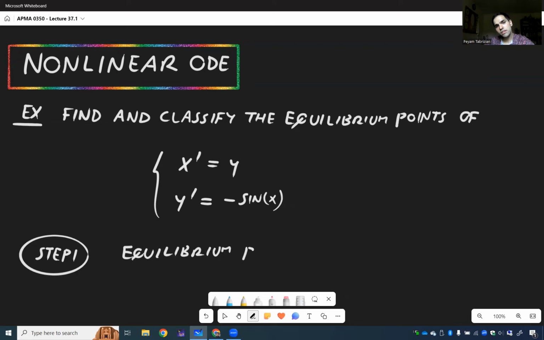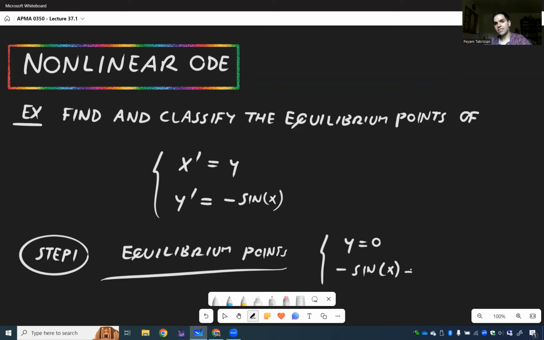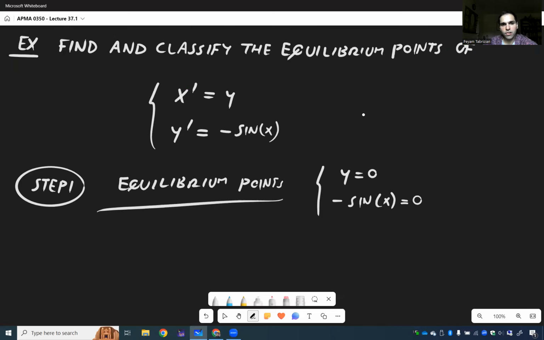Equilibrium points, which I like to remind you, you just set x prime equals 0 and y prime equals 0 because they don't move. And so what we have is y is 0 and minus sine of x equals 0. In particular, this gives us sine of x equals 0 and y equals 0.